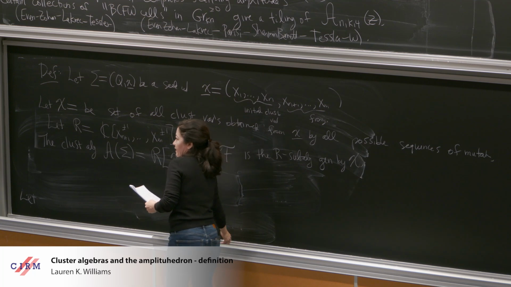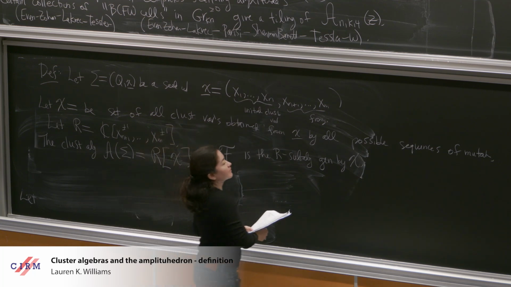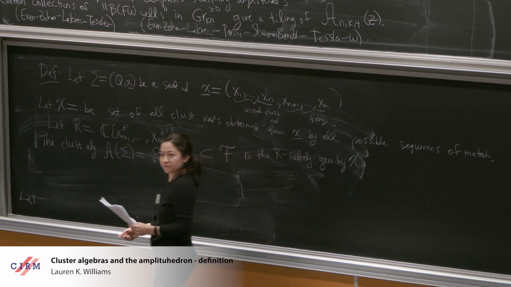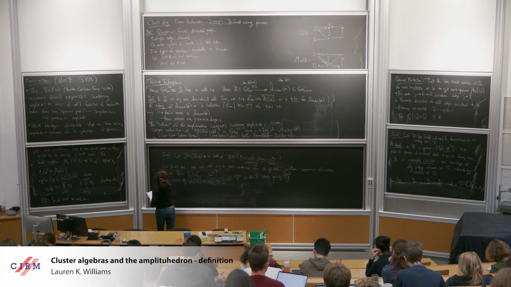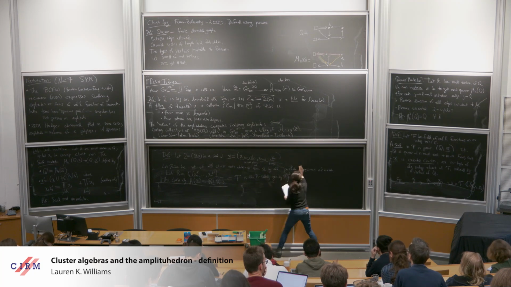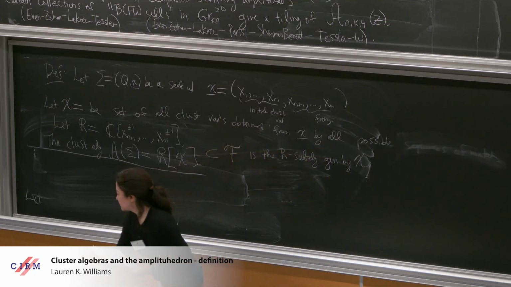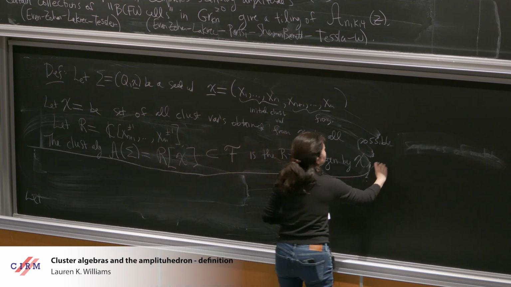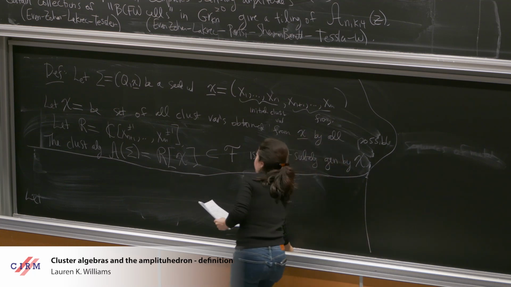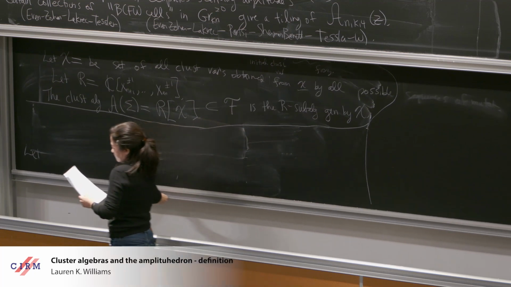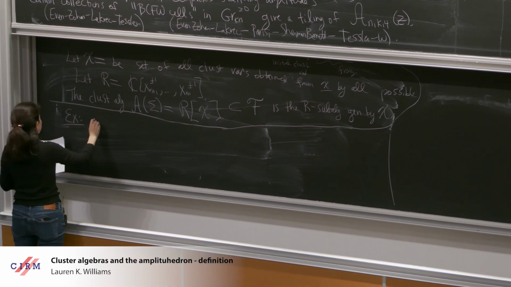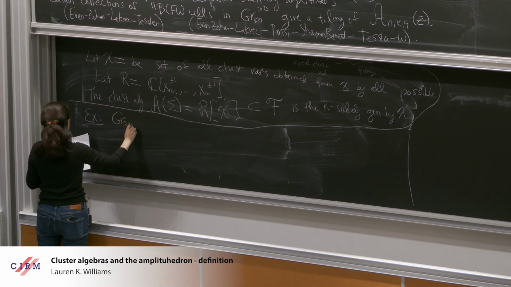Okay. And let's see, I guess I have 3 minutes left. Okay. So I'll just mention then, everyone's favorite example is that of the Grassmannian of two planes in n space.